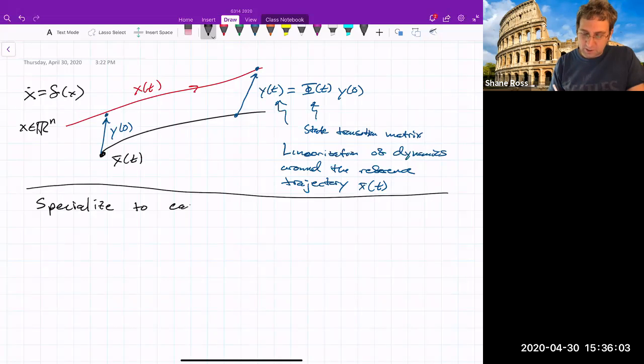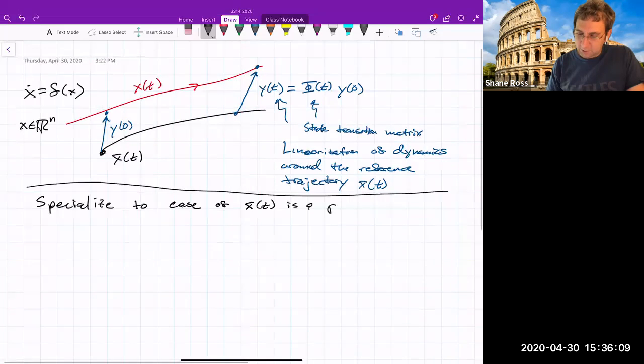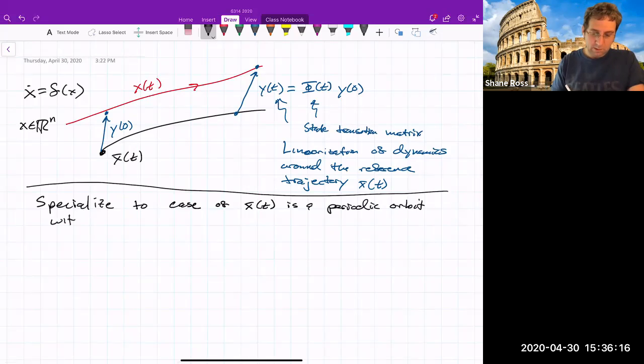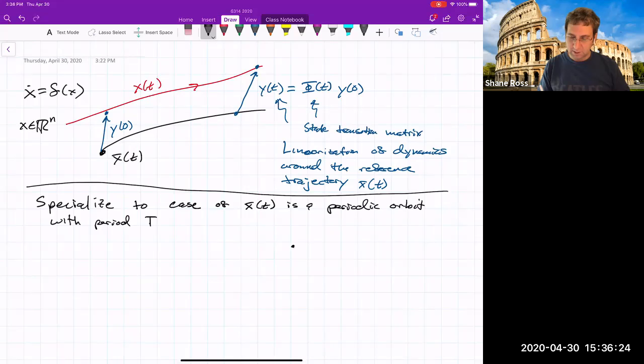So let's specialize to the case where x bar is a periodic orbit with period capital T. So the picture that we should have in mind is x bar.